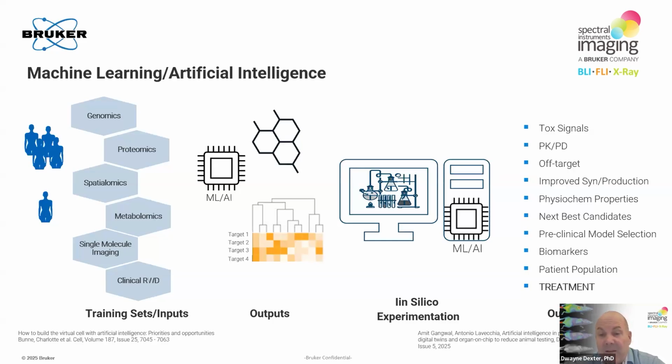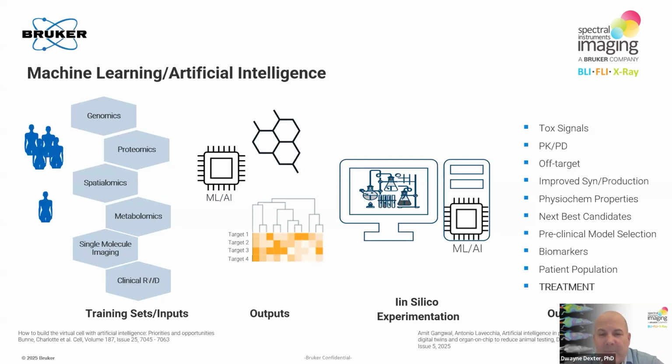These outputs then, in theory, could be pushed through another in silico AI method where in silico experimentation could be done, where we can look at various outputs from compounds or therapeutics that could potentially identify tox signals, evaluate pharmacokinetics, look at off-target effects, and hypothetically even identify a treatment that could be developed completely in silico and never touch a cell or a mouse.